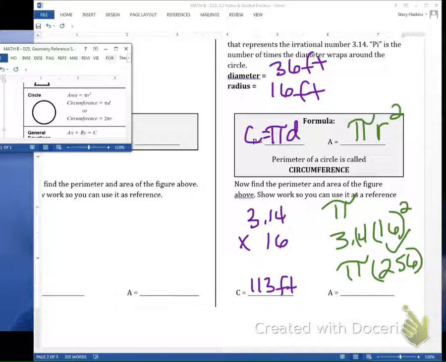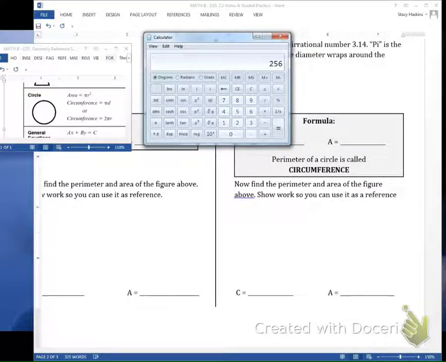So I'm going to type times and then click on my pi symbol. Now when I clicked on pi on this computer calculator, oops, I'm sorry, you can't see it right now. Just a second, let me make it so you can see what I'm doing. So there was my 256 in the calculator, and then I multiply it by pi. That's that 3.14. I'm not done until I hit the equals.